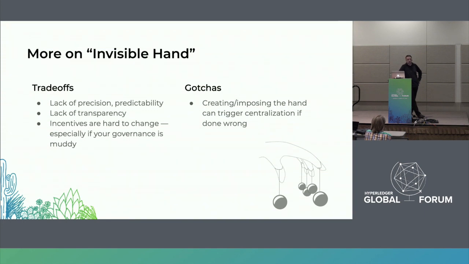Theoretically, I could change the incentives of a large set of people pretty quickly, and you wouldn't be able to predict the effect. And that's because we're depending on an invisible hand. There's a little bit less transparency than we have with some alternative mechanisms. So it's a trade-off, right?